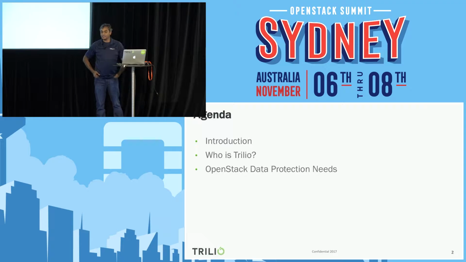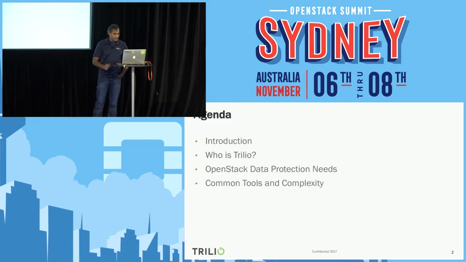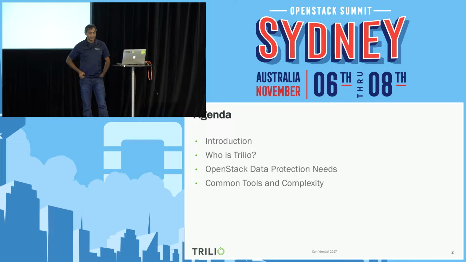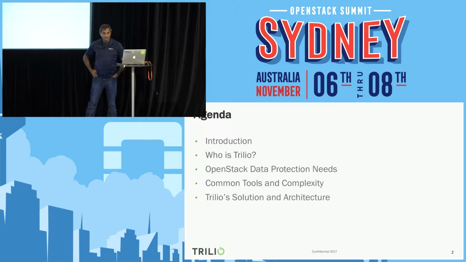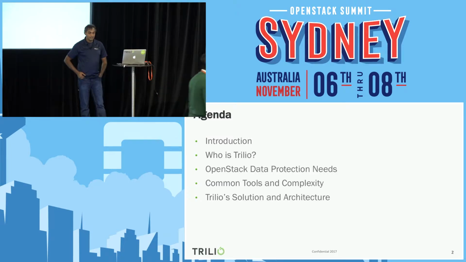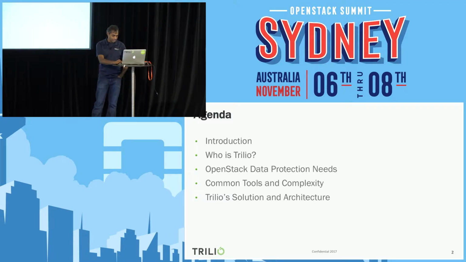What are the unique attributes of the data protection needs for OpenStack, what you should be looking for, and what are the common tools available for you to do backup and recovery for OpenStack workloads, and also look at the complexity associated with all the tools that are available. We'll briefly look at the Trilio solution and architecture, and how it solves the data protection needs of OpenStack.